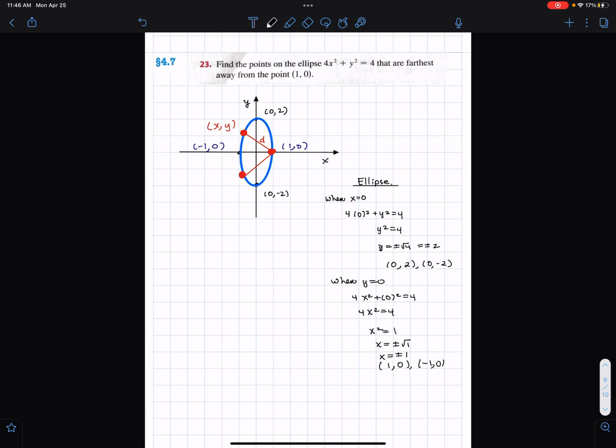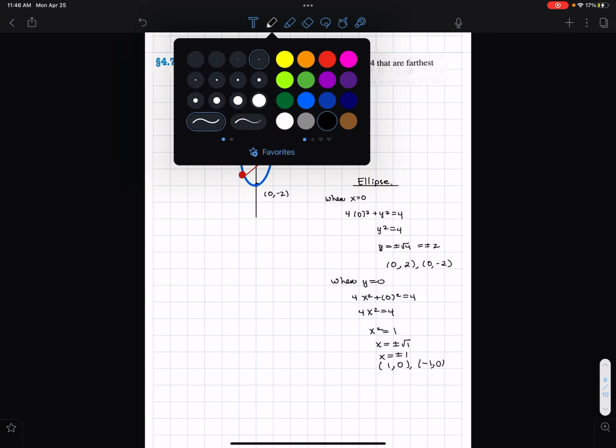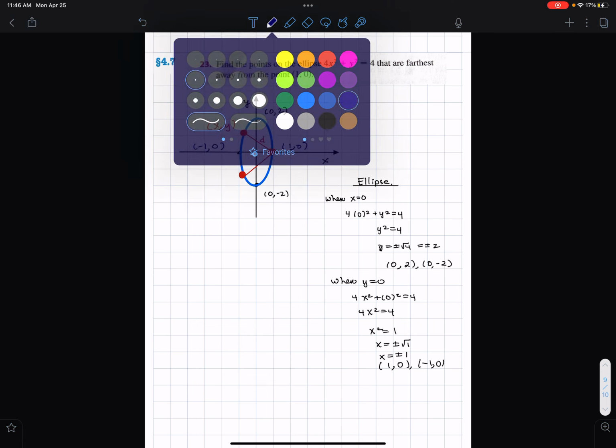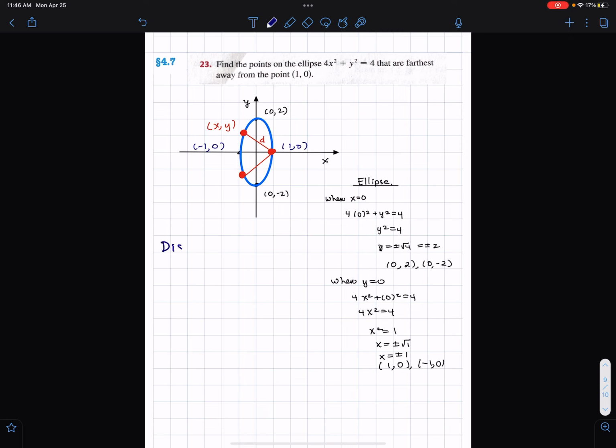Okay, so what we're going to do then is write down the distance formula. That's pretty often given in an algebra book as d equals the square root of (x1 minus x2) squared plus (y1 minus y2) squared.